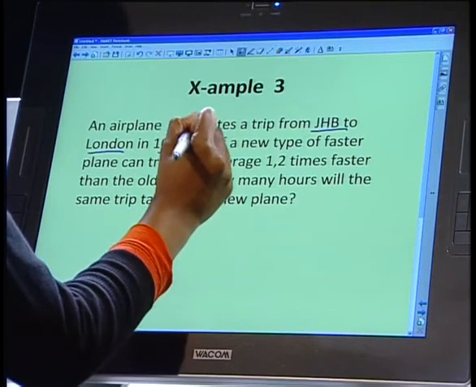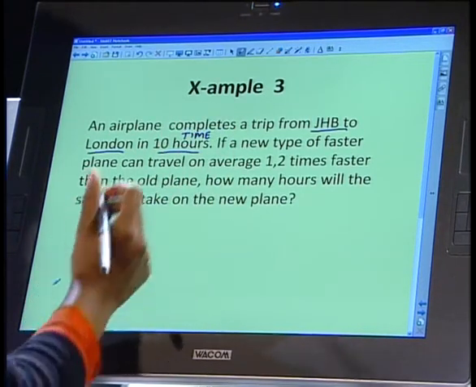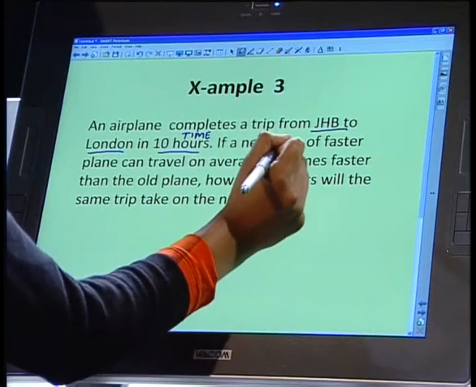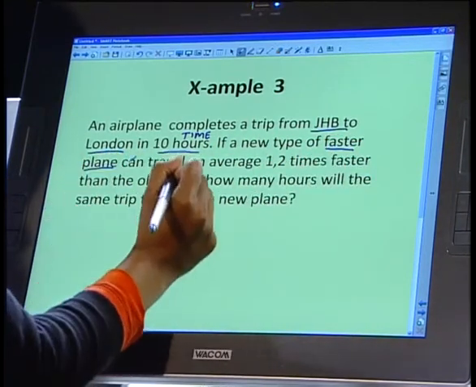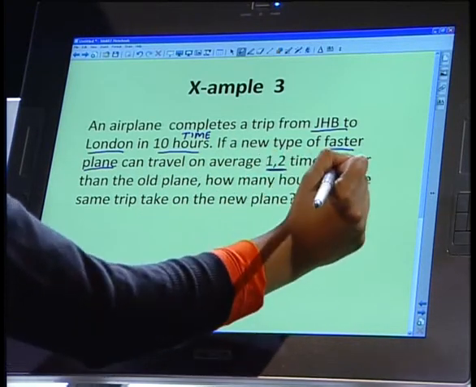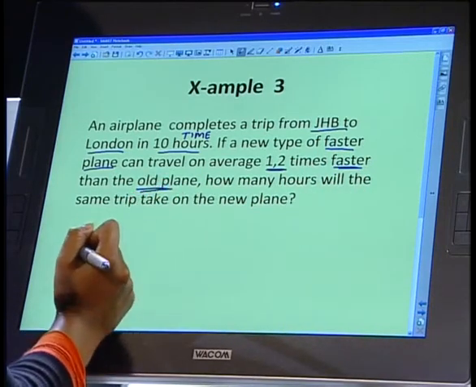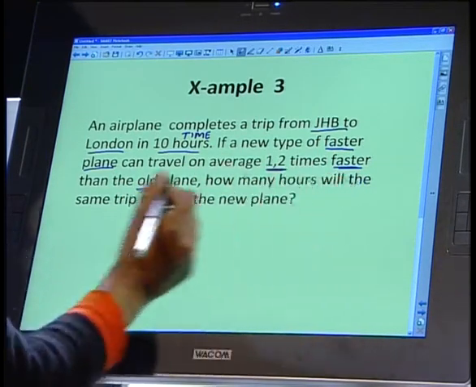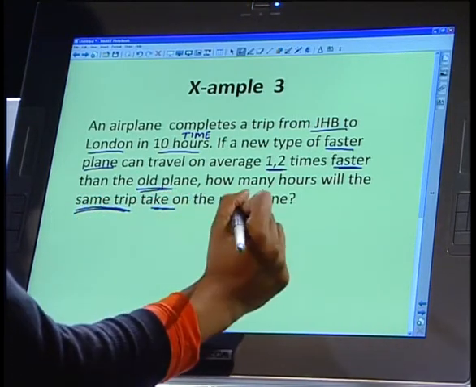So therefore your time taken is 10 hours. They then say if a new type of faster plane can travel on average 1,2 times faster than the old plane, how many hours will the same trip take on the new plane?